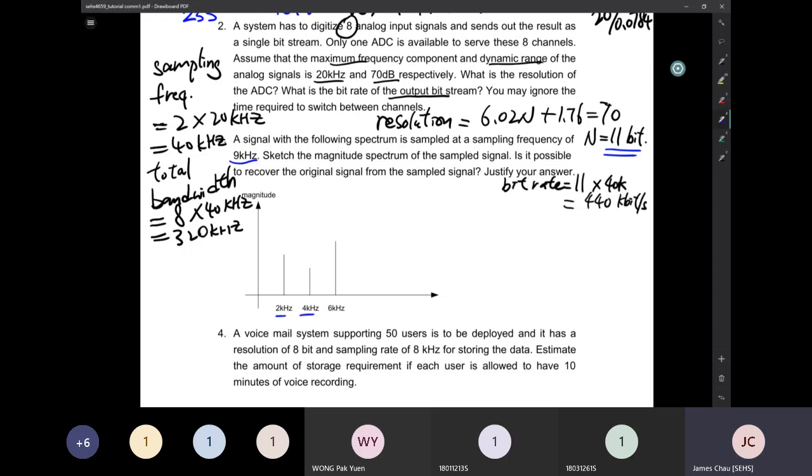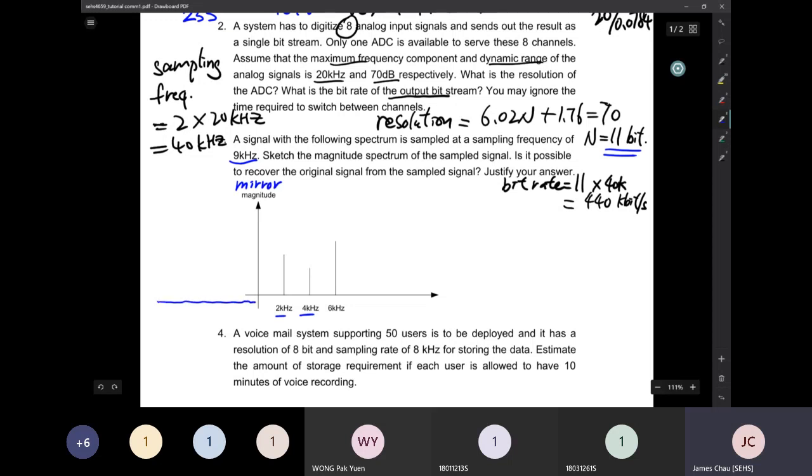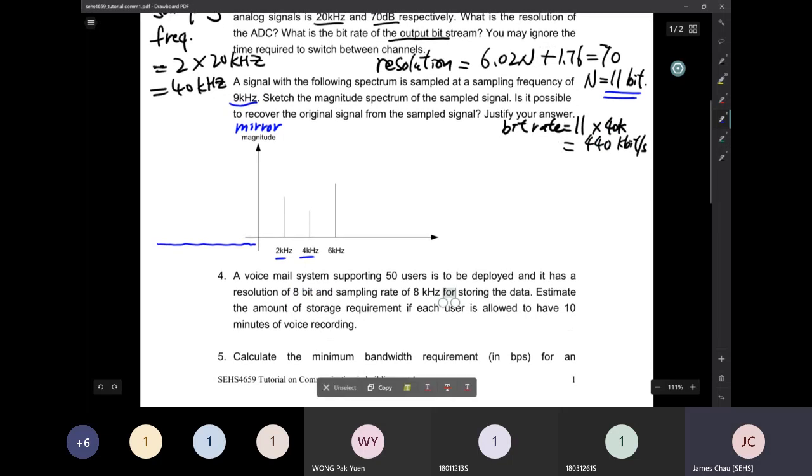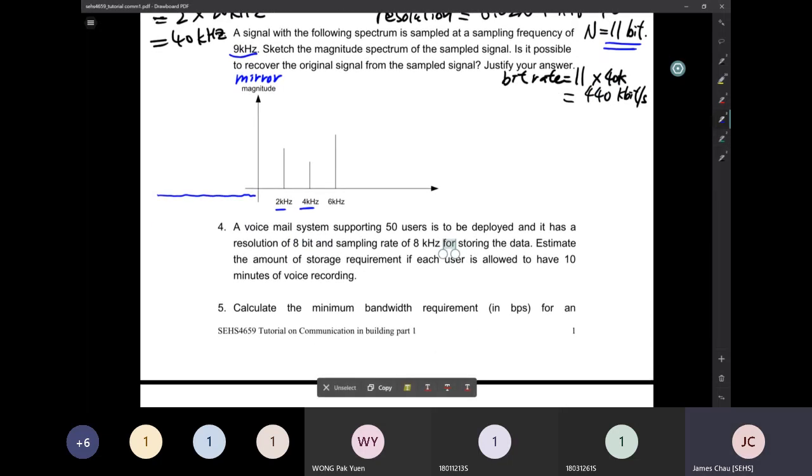Now remember in the lecture we told you that when we try to take the sampling of the frequency spectrum, we make our zero axis become a mirror, and we copy the frequency sample along the mirror.